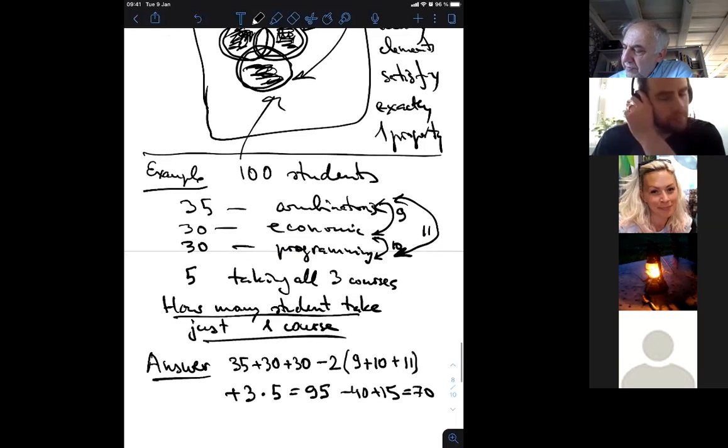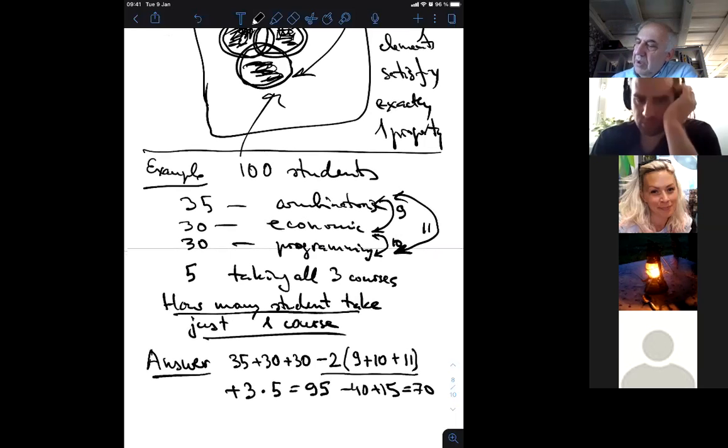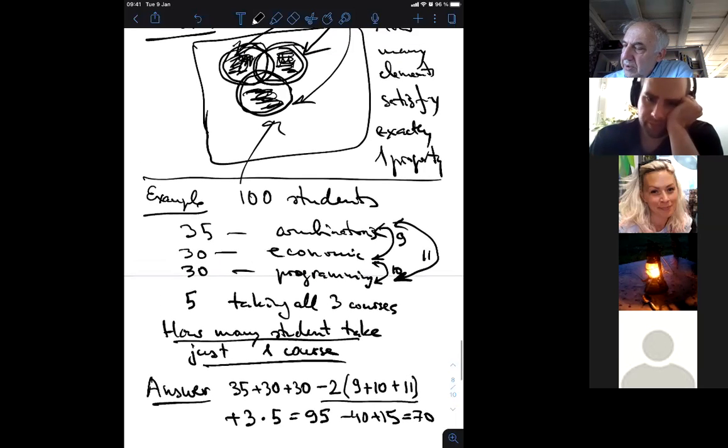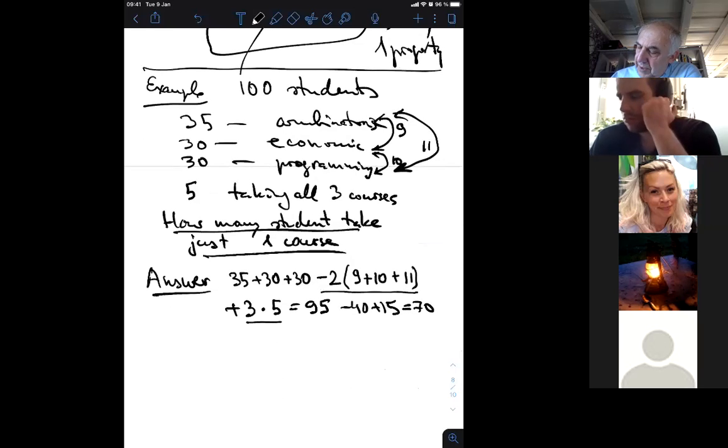So we have to remove them. But when we did that, we have removed too much. We have removed the triple intersection 4 times, and we should just remove it once. So I have to put back 3 times the triple intersection.